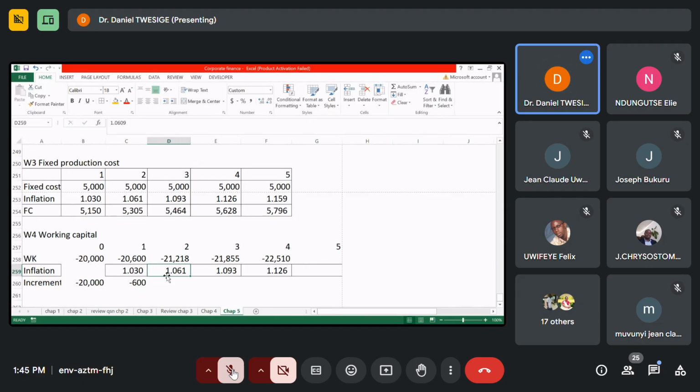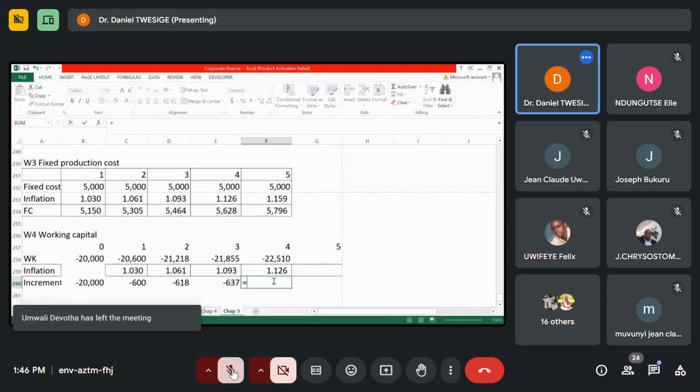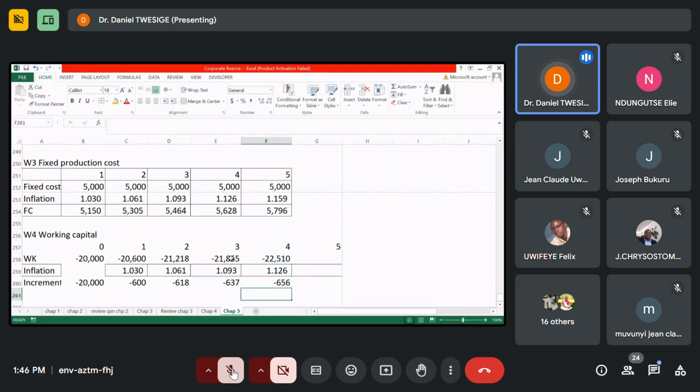Here, you need this minus this, so you will need an additional 618 due to inflation. Here, this minus this, 637, which is a result of inflation. And here it will be this minus this. You have to invest 656 because of inflation.